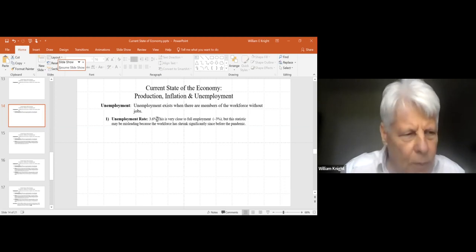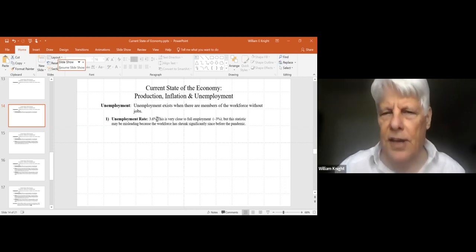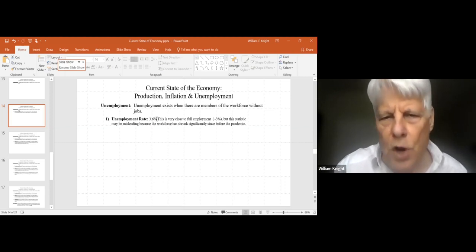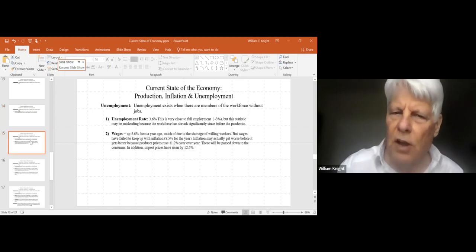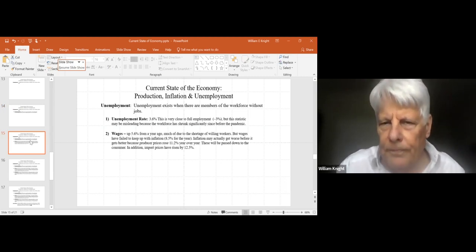We can't really say that we're going into stagflation because that unemployment rate is still so low. But like I said, we don't know how much of that low unemployment rate is caused by the fact that the workforce participation rate is so low. We just don't know that as of yet. So the unemployment rate is still low. We can't go by the unemployment rate to say that we're in stagnation. Wages are up. They're up 5.6% from a year ago.